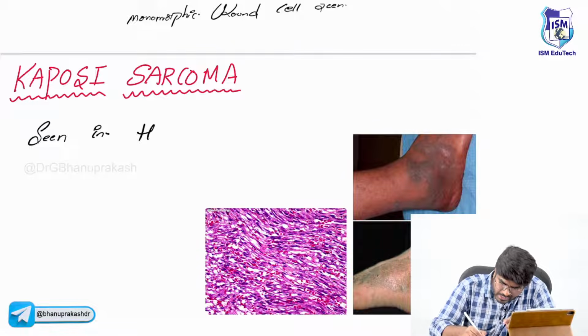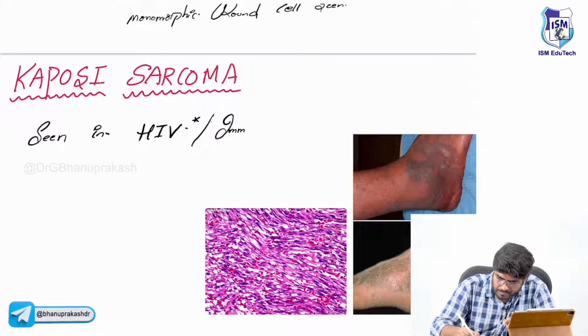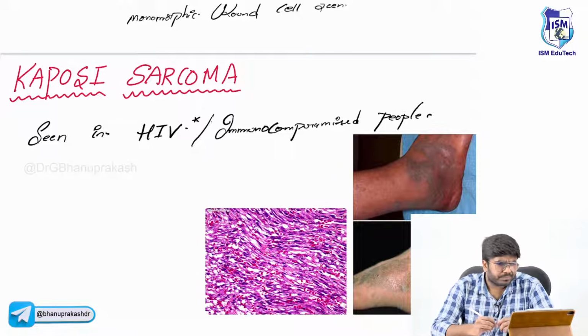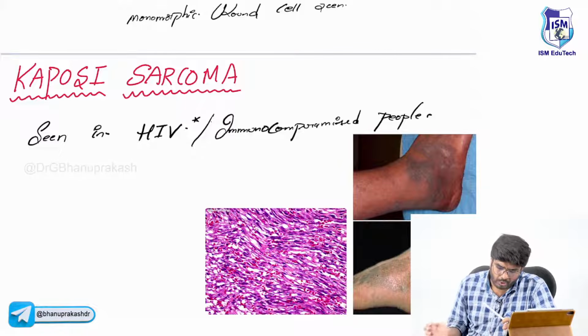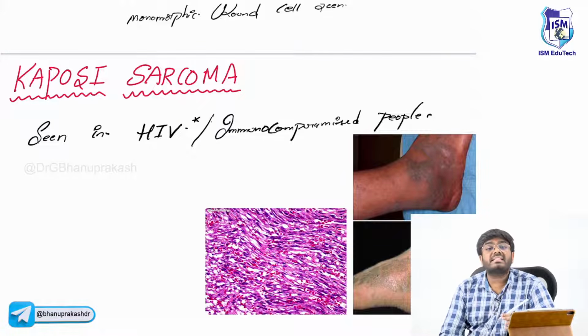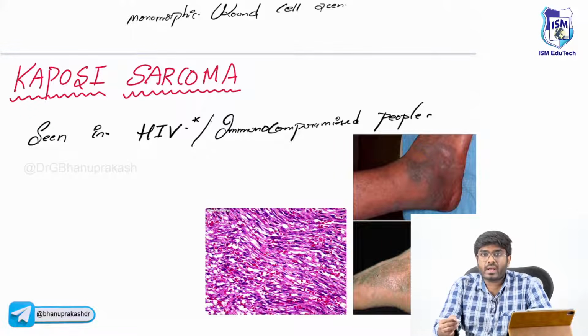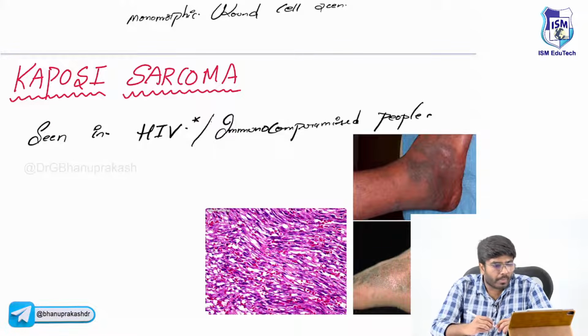It is seen in HIV or immunocompromised people. So these are intermediate risk tumors which are seen in patients suffering with HIV or immunocompromised people.